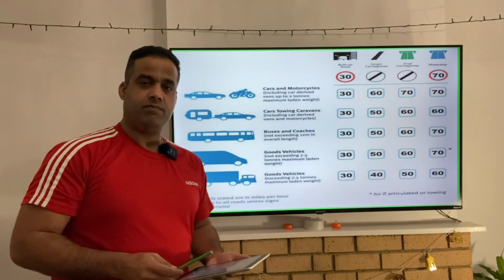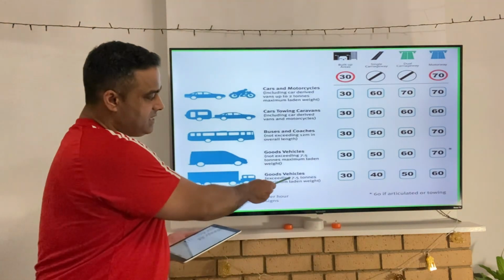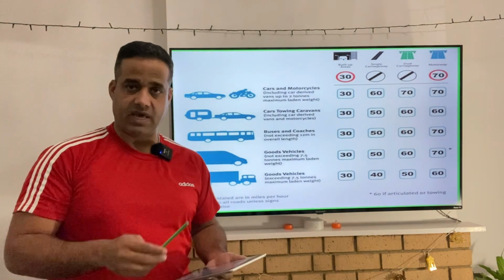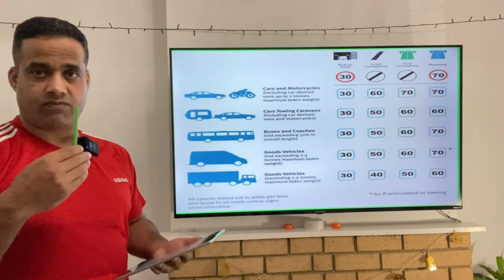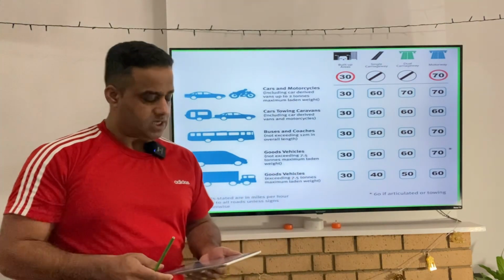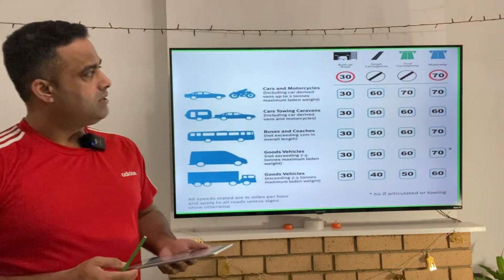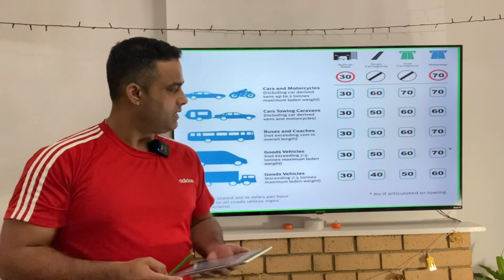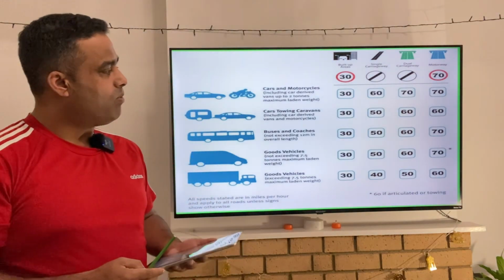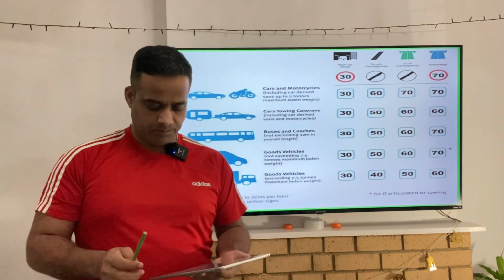Lorries, the big lorry, exceeding 7.5 tons maximum laden weight. If they are exceeding more than 7.5 ton weight, then built up area it will be 30 and single carriageway 40, dual carriageway it will be 50 and motorway it will be 60.